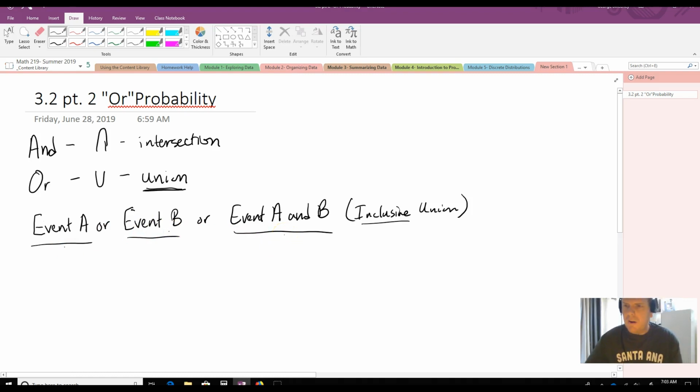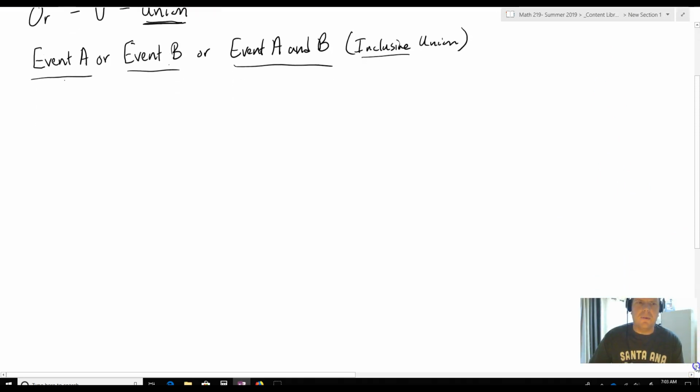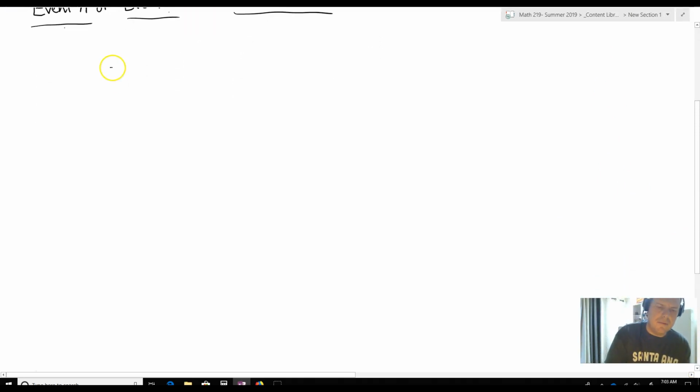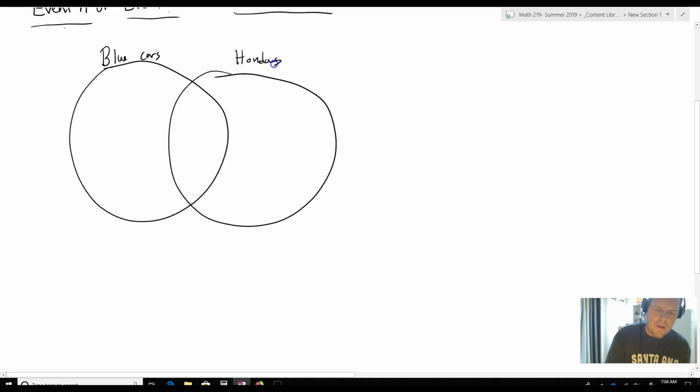All right. Now, if you remember, when we were using AND, what we did was we created some Venn diagrams. Let's say, for example, we had these are blue cars, and these are Hondas. And then in our intersection, we had blue and Honda.